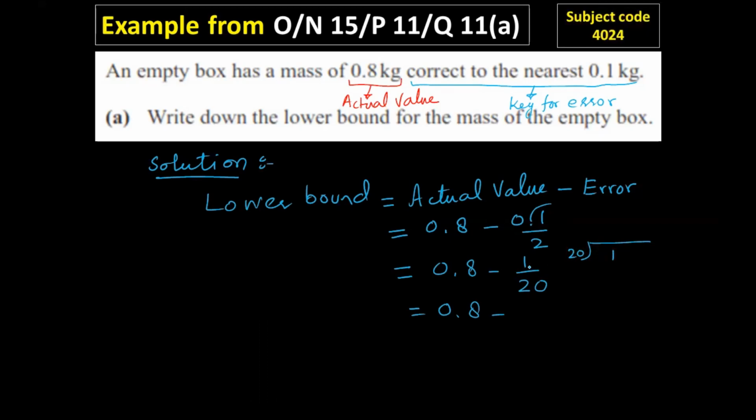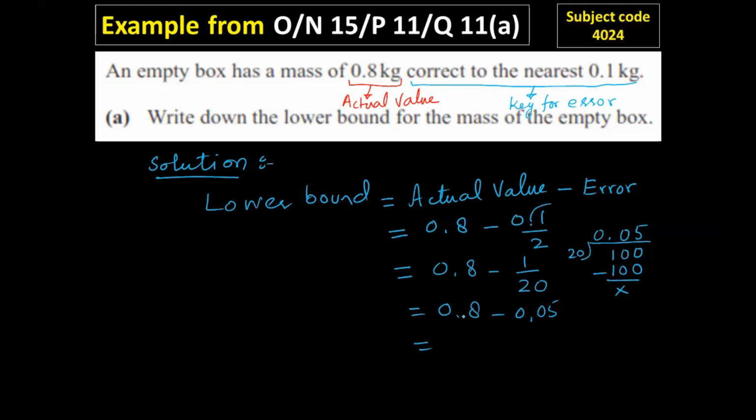We are going to divide 1 by 20 here, so put a decimal and a 0 again. 10 is less than 20, so use the 0 here, then 5, 25, 100. It is 0.05.